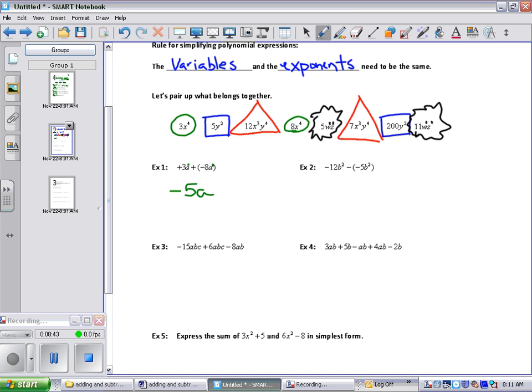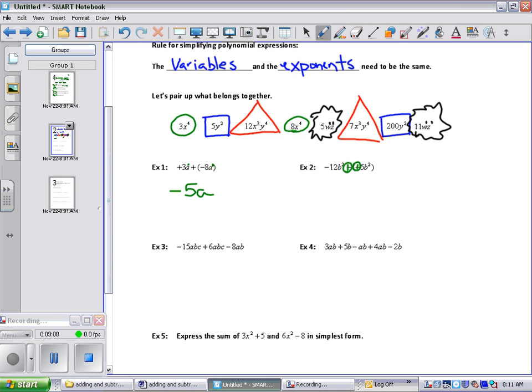Look at number 2. Are my variables the same? Do I have a b squared and a b squared? I do. Can I put those together? I can. Now remember your rule, and we'll go over this a little bit later when we have more subtracting ones. When there's a negative, I always make it a positive, and then I make this a positive. Just helps keep things straight in my head.